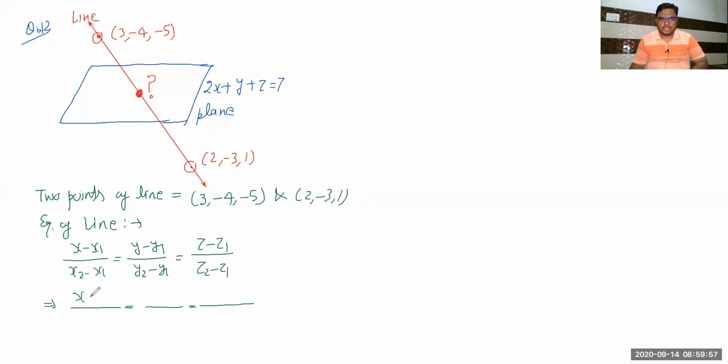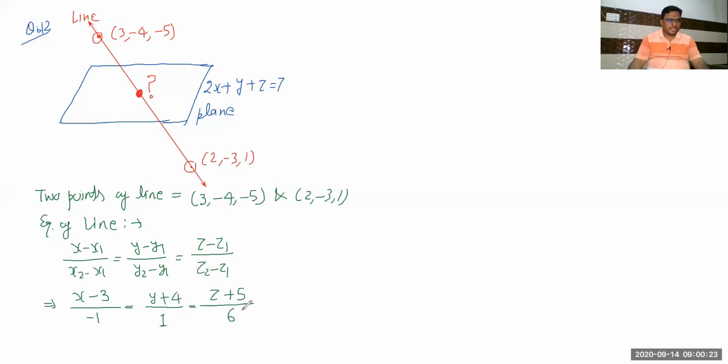So x - x1 is x - 3, y - y1 is y + 4, and similarly z + 5, over x2 - x1. So 2 - 3 gives -1, then -3 + 4 is 1, and 1 - 5 gives 6.